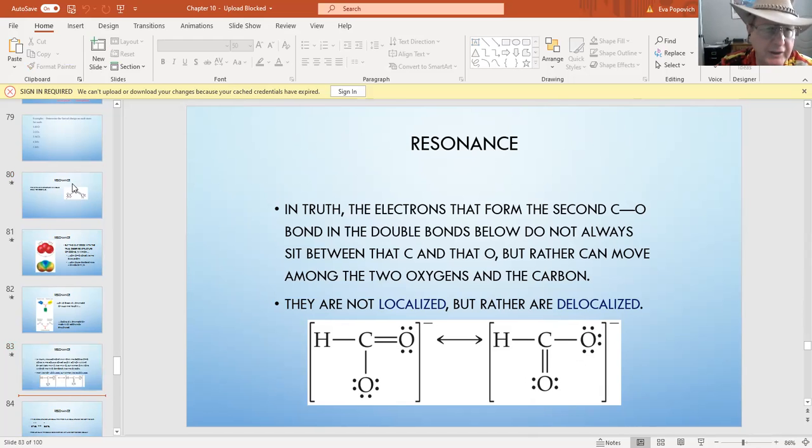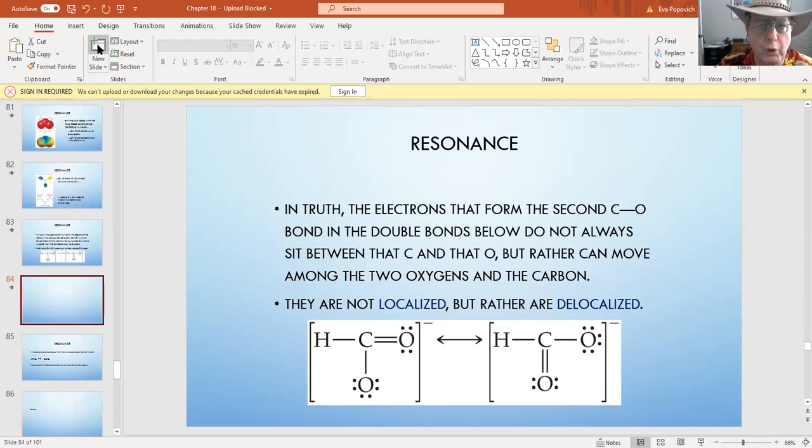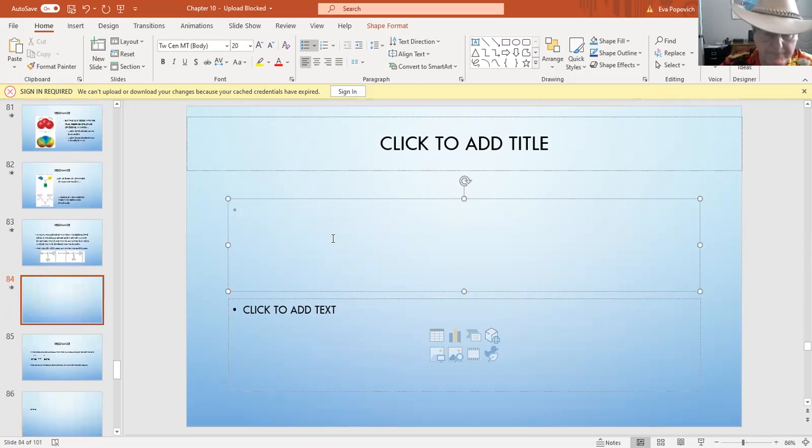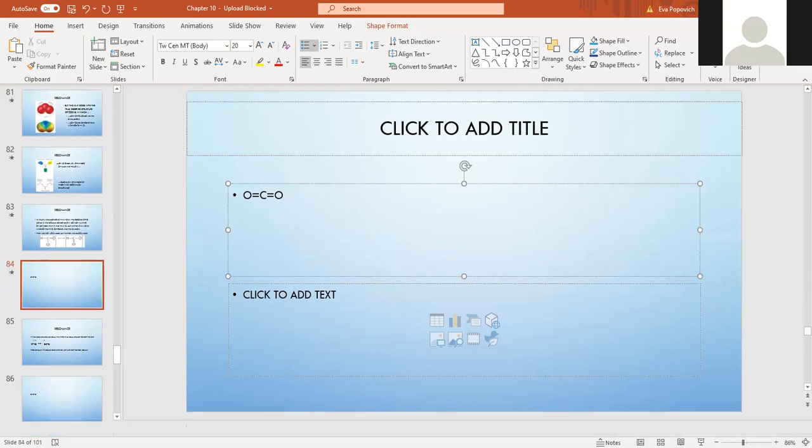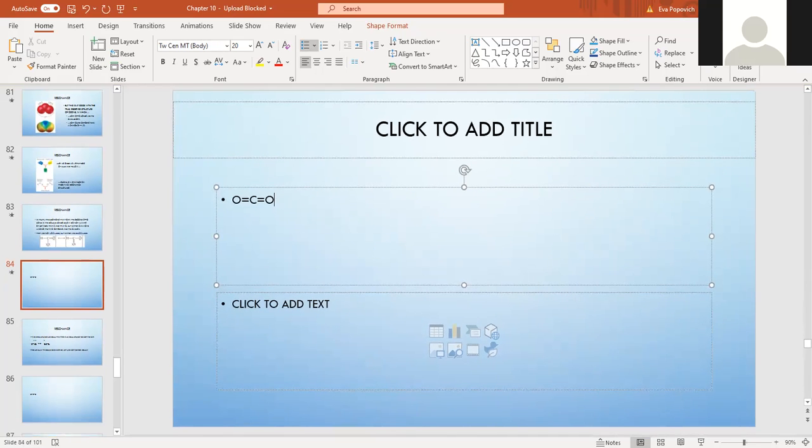Now, I'm going to draw something real quick. Let's do this. I have carbon dioxide. Is there any way I can manipulate these double bonds? Not that I can think of to keep an octet around carbon.